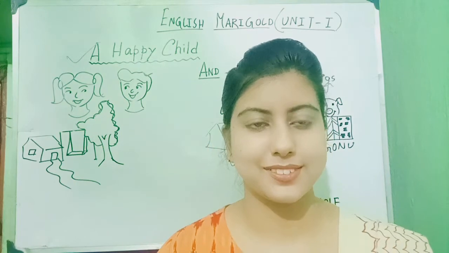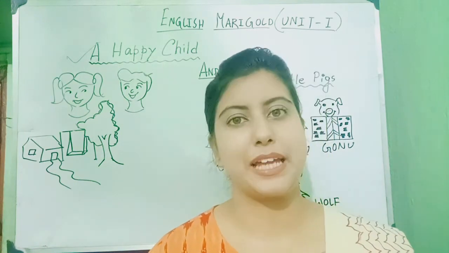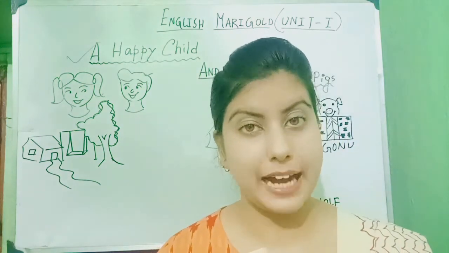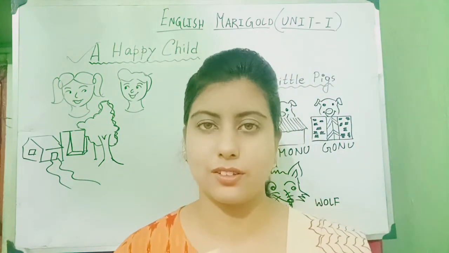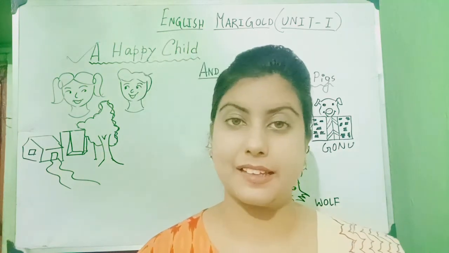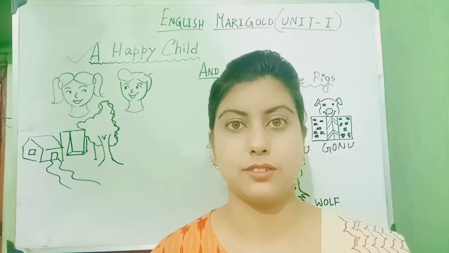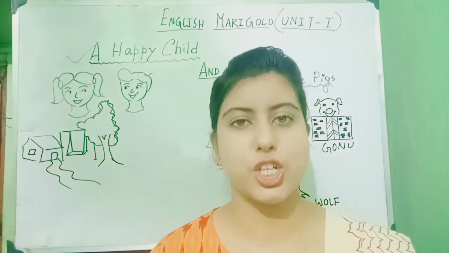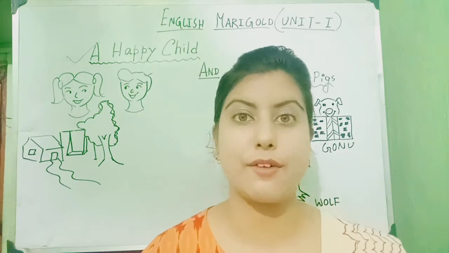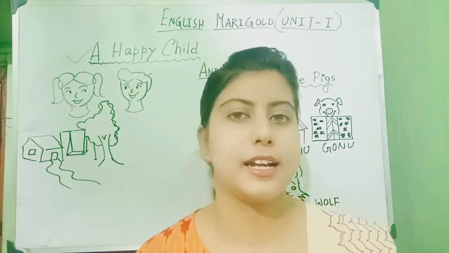But why? I laugh and play the whole day long. Whole day long. That means all day long. The happy child laughs and plays the whole day long. That is why he or she is very happy. I hardly ever cry. Hardly.